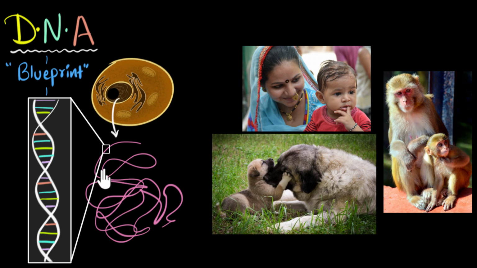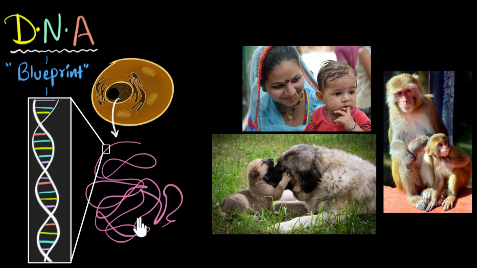Monkey DNA will have the information to build a monkey body. Dog DNA will have the information to build a dog body, and so on and so forth. So basically, when we reproduce, the cells are using the information from the DNA to build the right body. And that's why when humans reproduce, we make new humans itself. And when dogs reproduce, they make new dogs itself and not cats.